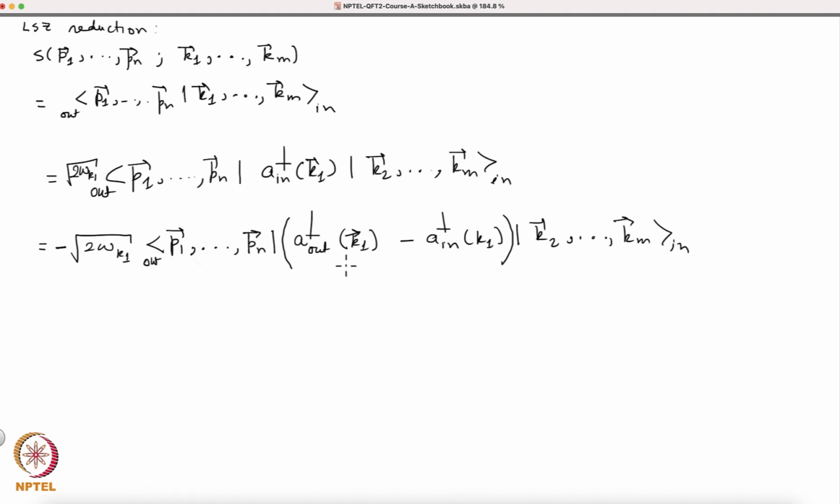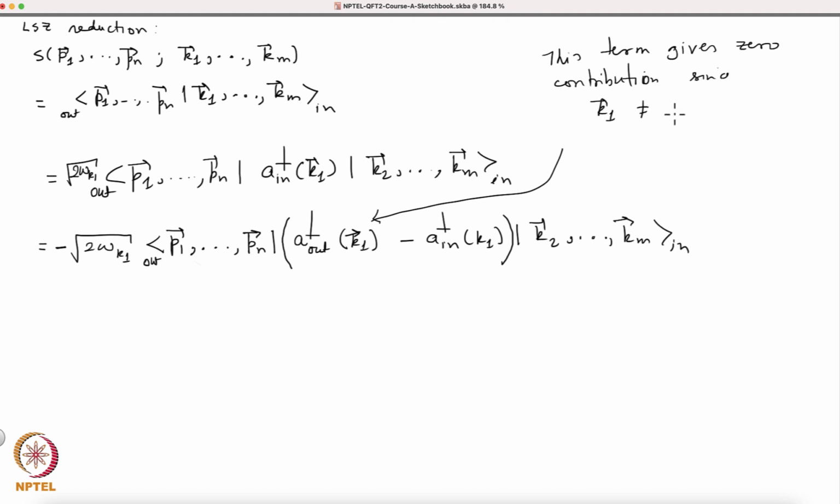Let me write down this term. This term gives 0 contribution since K1 is not equal to any of the Pi's.